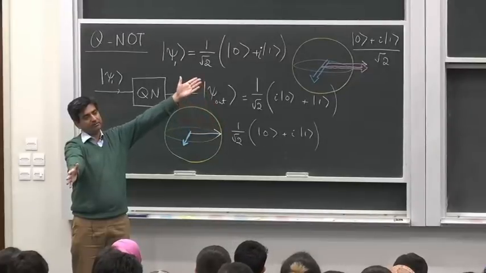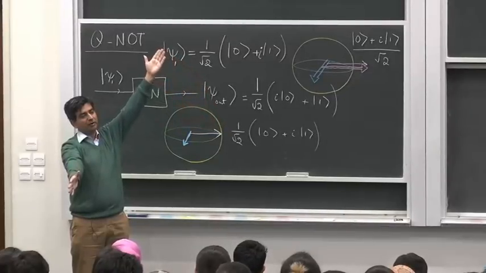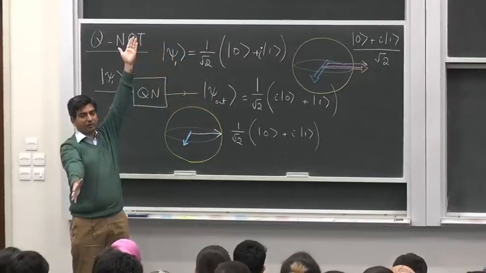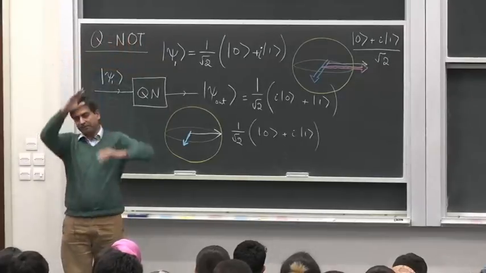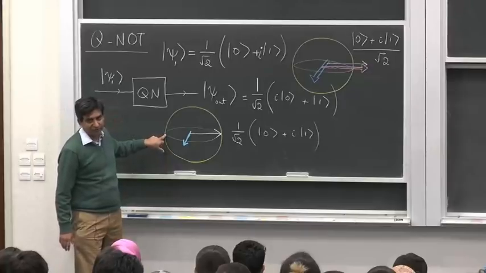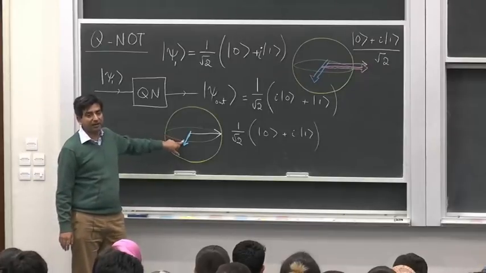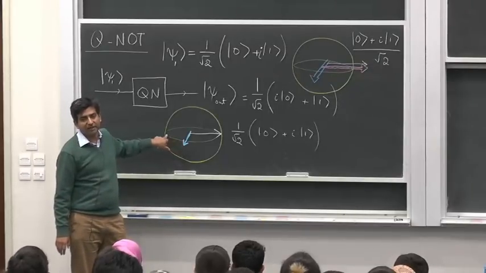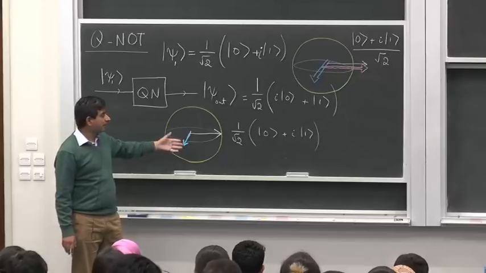So the state goes up in the northern hemisphere to the north pole, and then goes back like this onto the minus y-axis. So if I do a 180 degree rotation about this axis of rotation, I will achieve a gate.